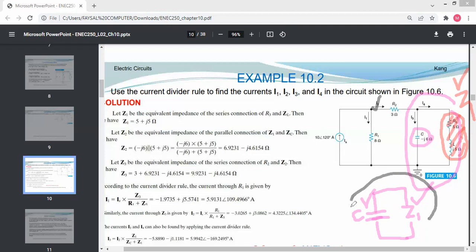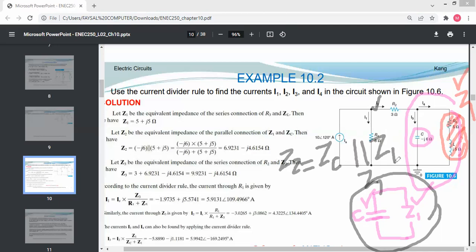So this is my system. I will replace this with Z2. Z2 says that the capacitance and Z1 are parallel to each other. So Z2 equals ZC parallel to Z1.